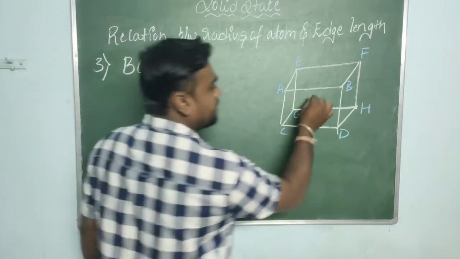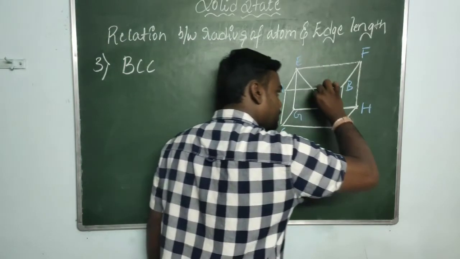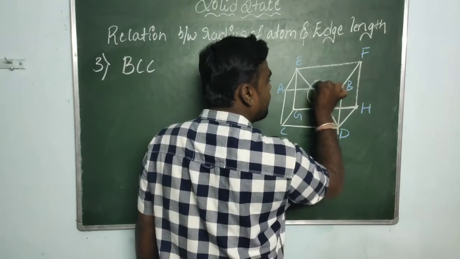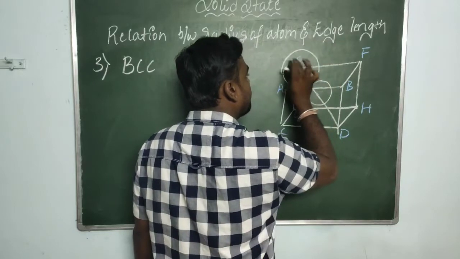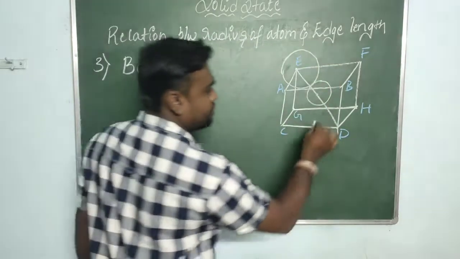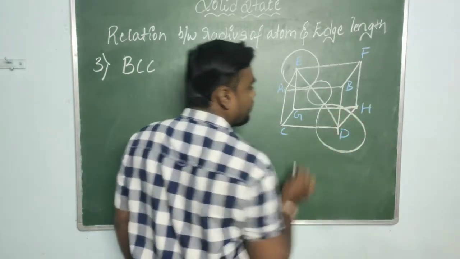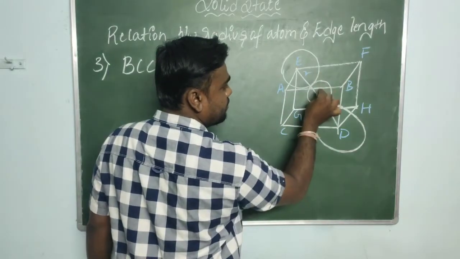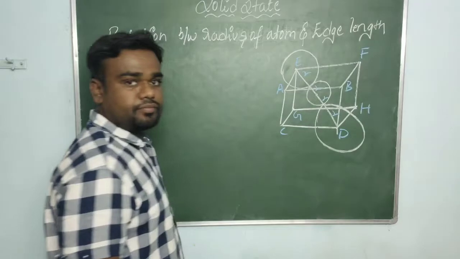Body is nothing but the center. Center means it is the atom. This is also an atom. If you write the radius, it is R.